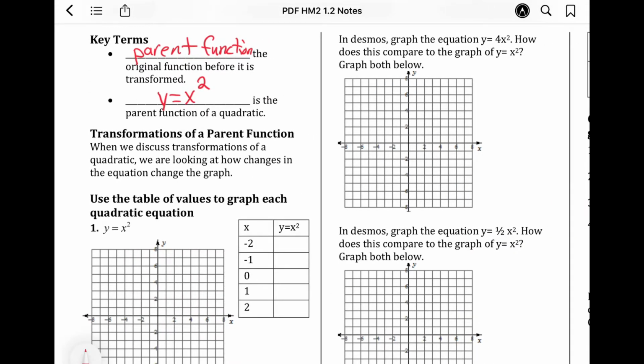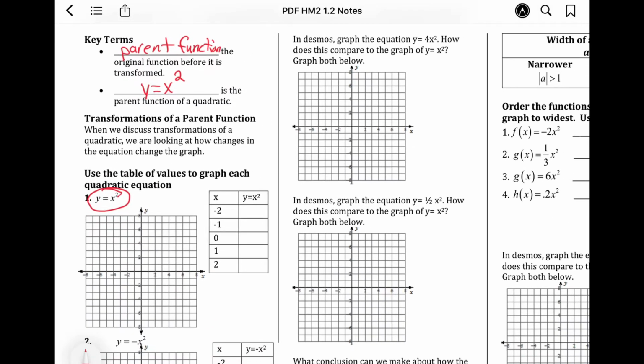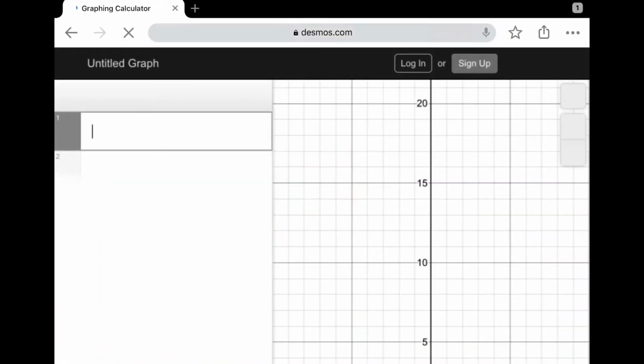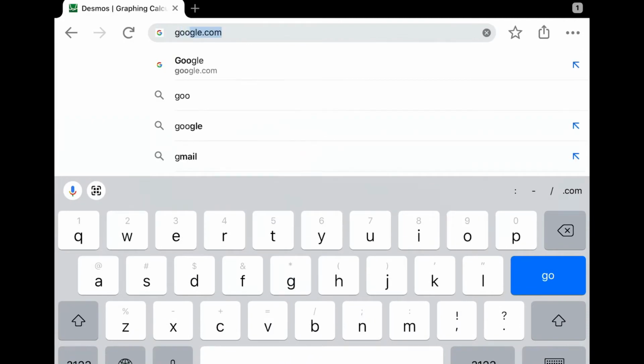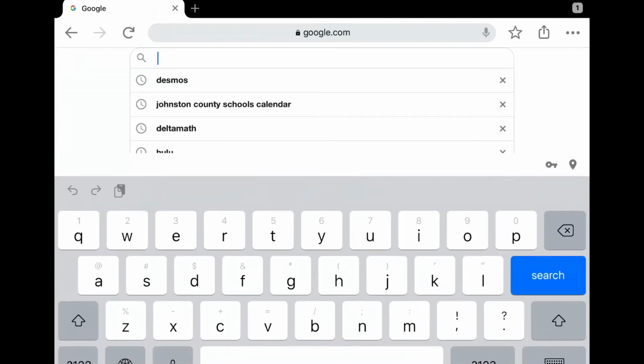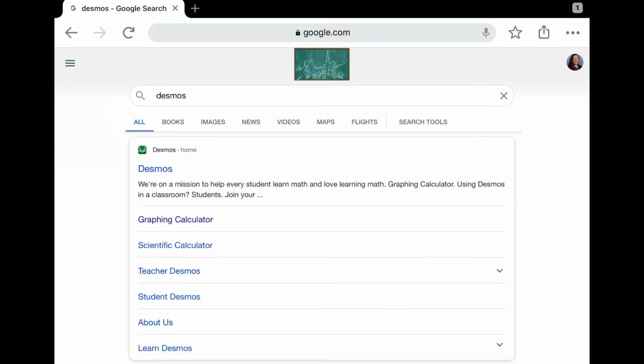So when we transform a quadratic, we are going to start with our parent function, which we can put into a calculator. How we put this into a calculator is going to Google, and then we can hit Desmos.